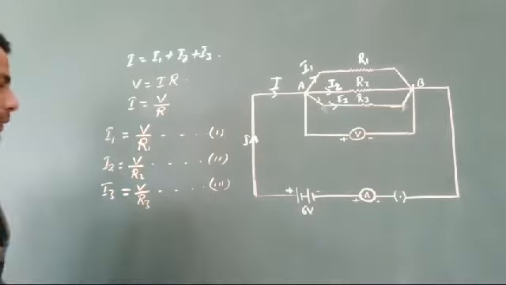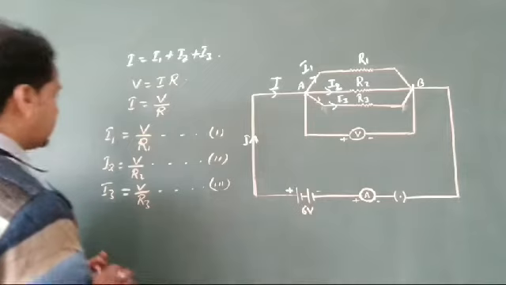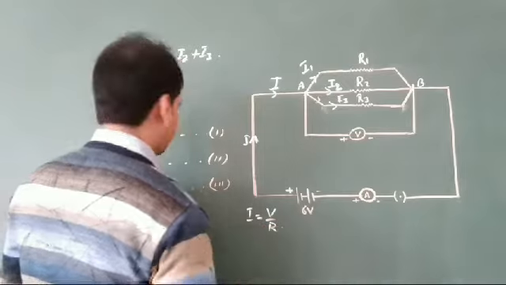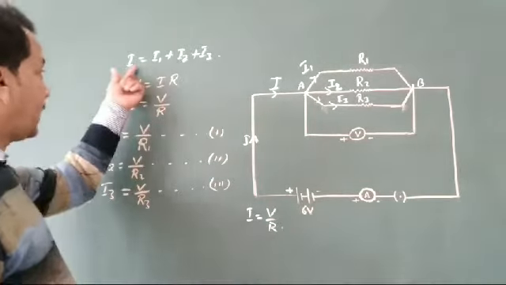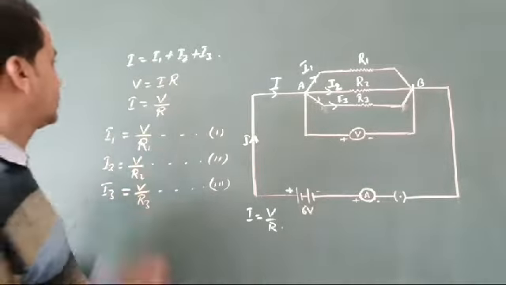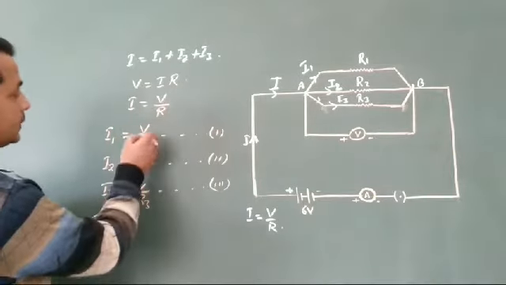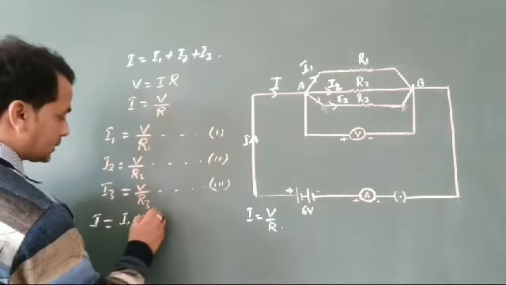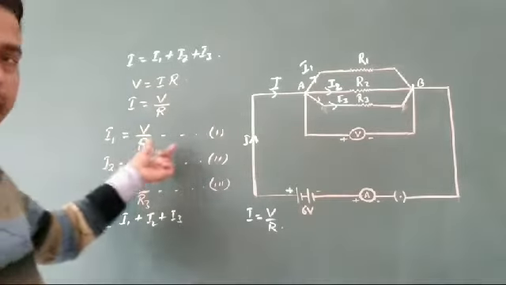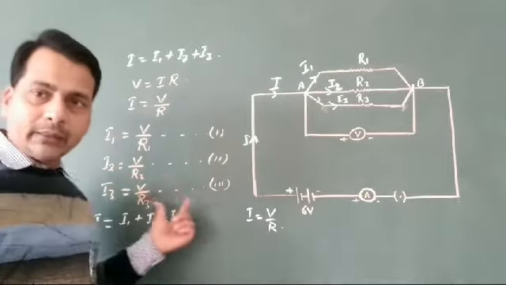The potential difference is V and the equivalent resistance is R, so the current I equals V by R. The net current is I equal to I1 plus I2 plus I3. From the equations, I1 equals V by R1, I2 equals V by R2 and I3 equals V by R3.